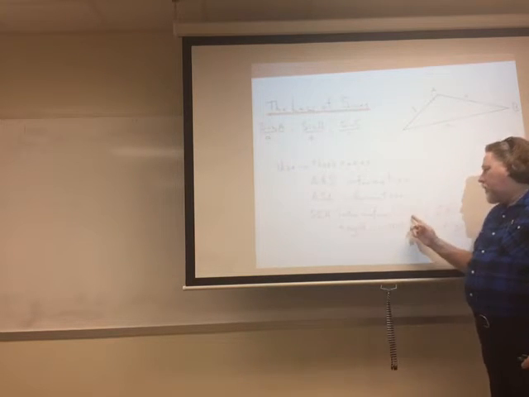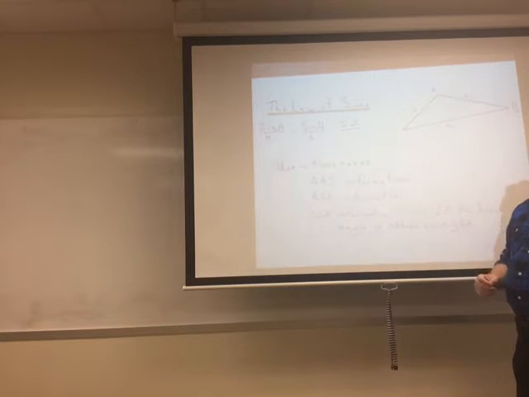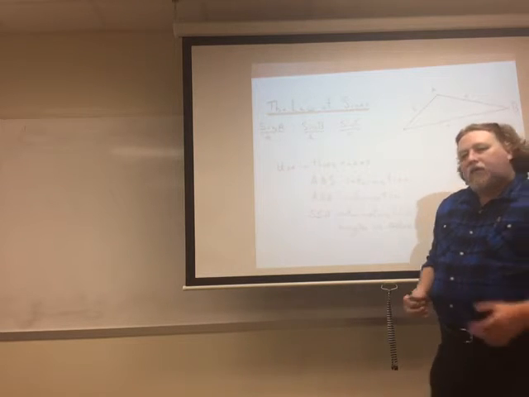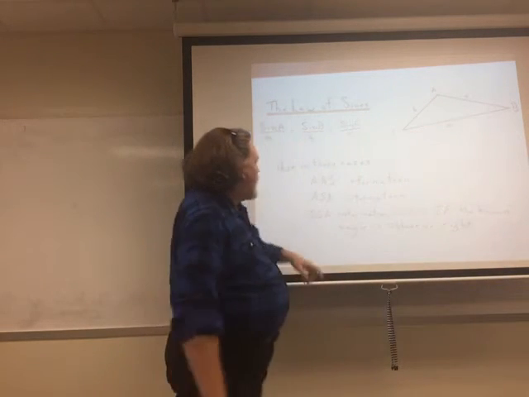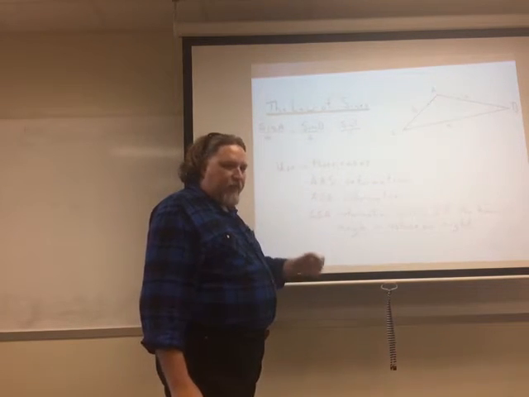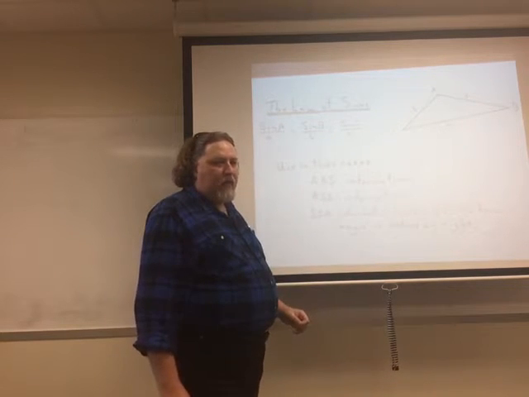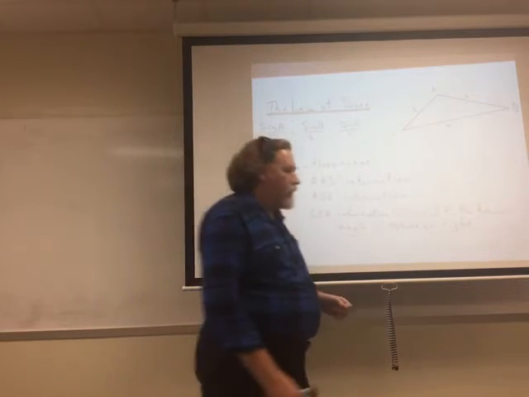It will work only if the angle that we know is an obtuse angle or a right angle. So law of sines is for angle-angle-side, angle-side-angle, or side-side-angle if, with the side-side-angle case, we know that the angle is obtuse or a right angle.